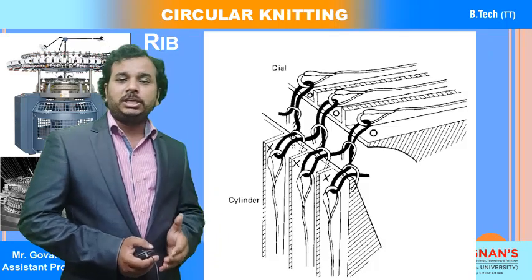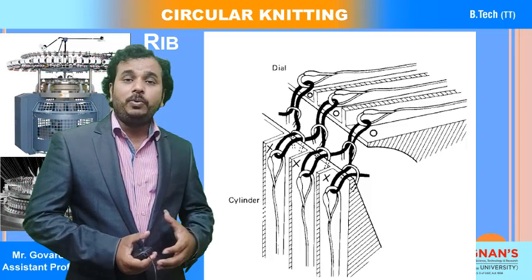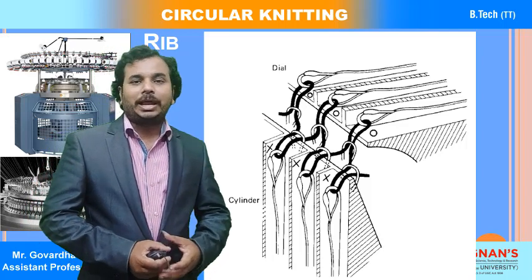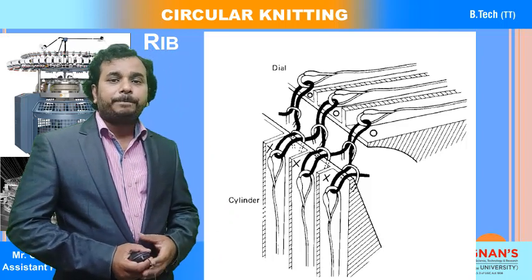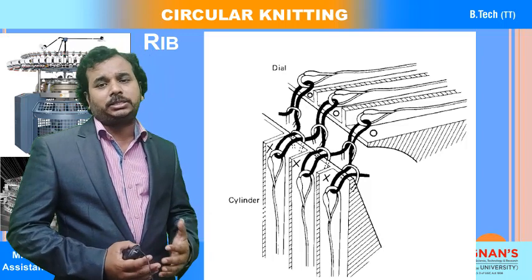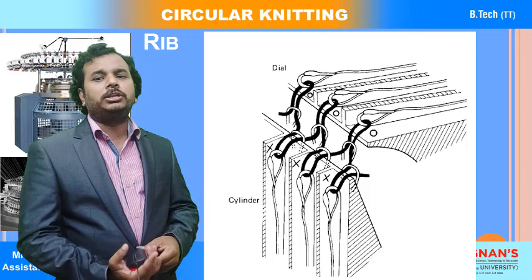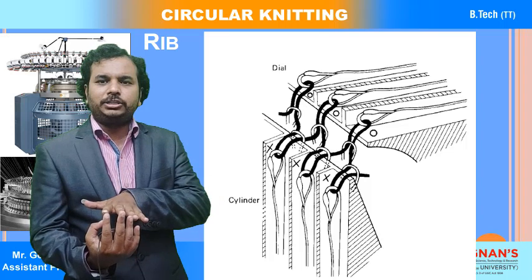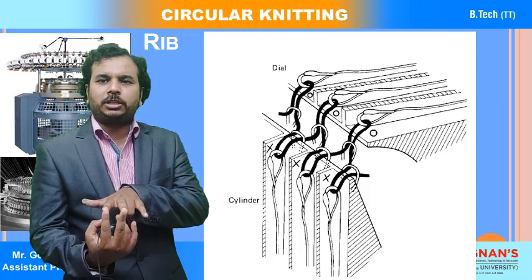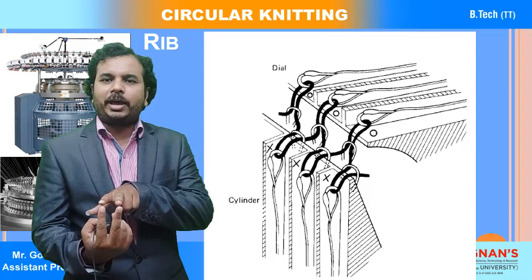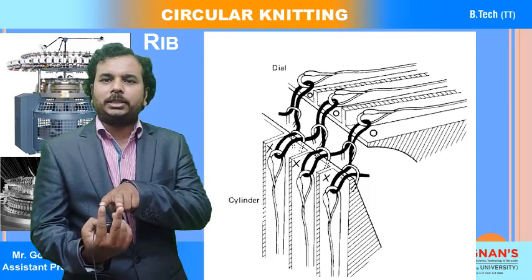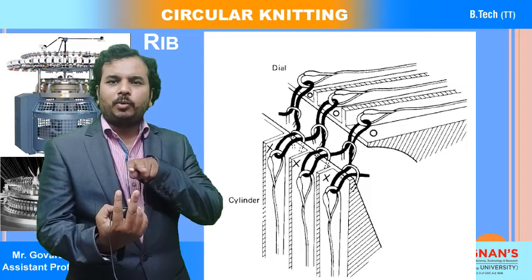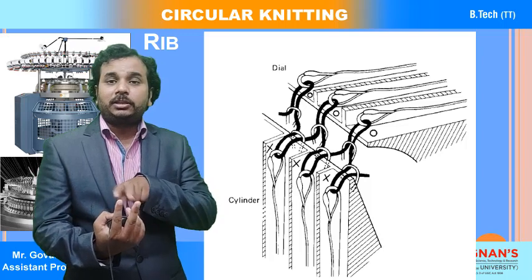Now we will see what exactly rib structures are and how we can make them. You can have a small doubt: if we have two needle beds, one called the cylinder needles and the second called the dial needles, and they are arranged in the same path, then once we raise the needles from the cylinder and move the cylinder forward, what will happen?